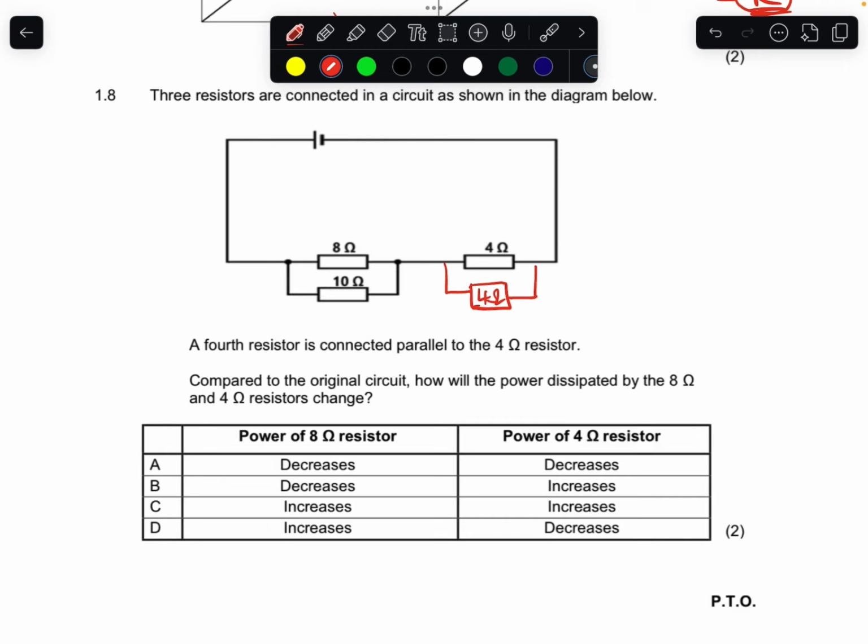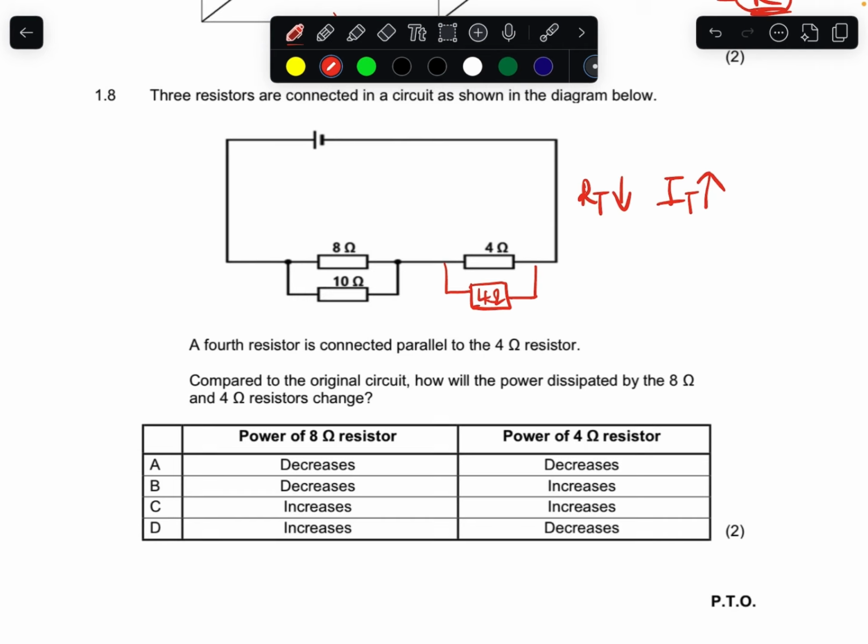Theoretically, you need to understand, guys, whenever you add resistance in parallel, the total resistance decreases. So if the total resistance decreases, the total current will increase, right? So here there's an increase in the current. Let's look at the 8 ohm resistor.